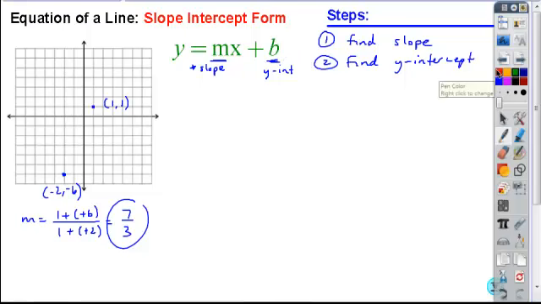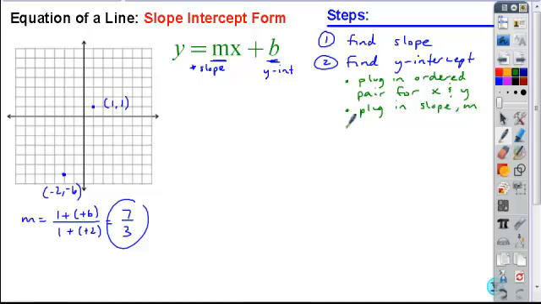The first part of this step is going to be to plug in an ordered pair for the x and the y coordinate. Then you're going to plug in the slope that you just found. And then finally, you're going to solve for b.